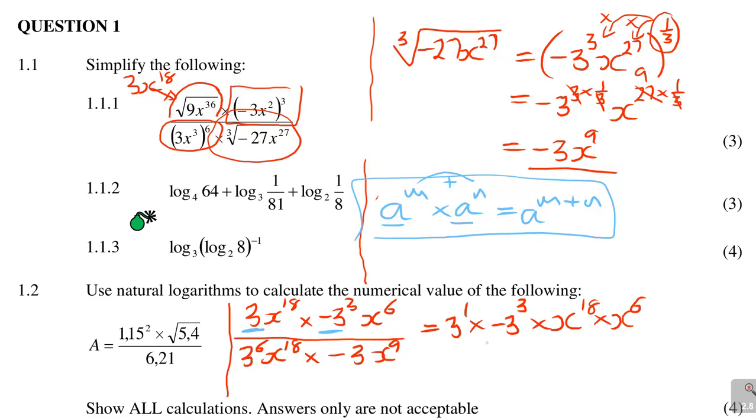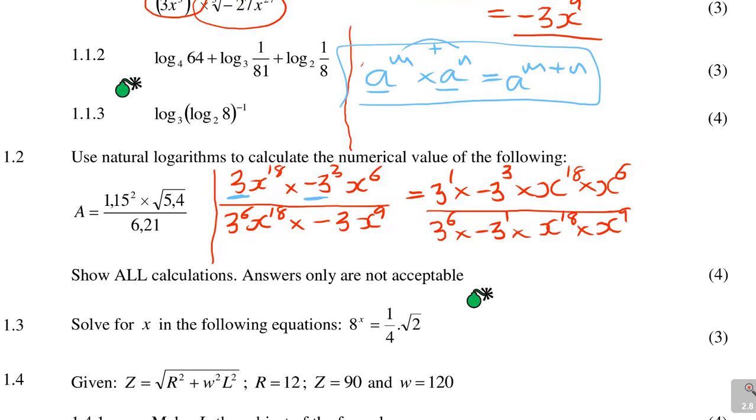See what I'm doing? All over, and then I've got 3 to the power of 6 times negative 3. If you just say negative 3, it means there is a hidden 1, times x to the power of 18 times x to the power of 9. Alright, so actually that is that.